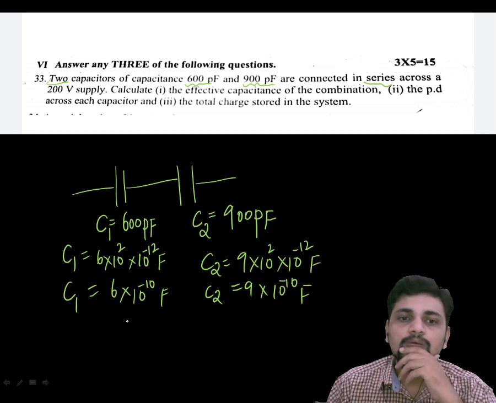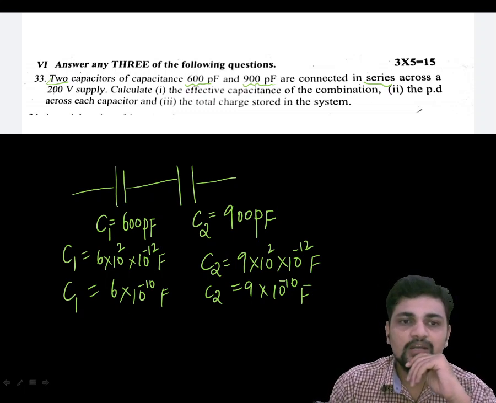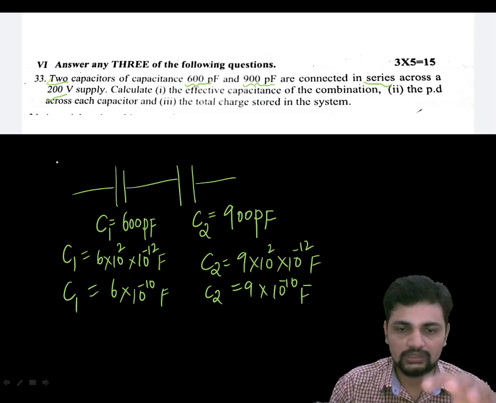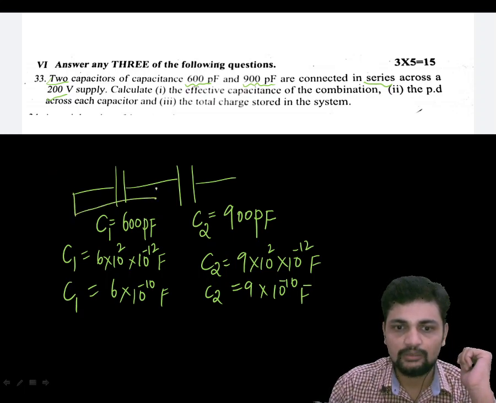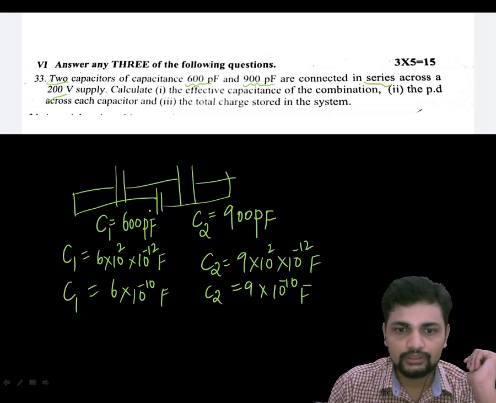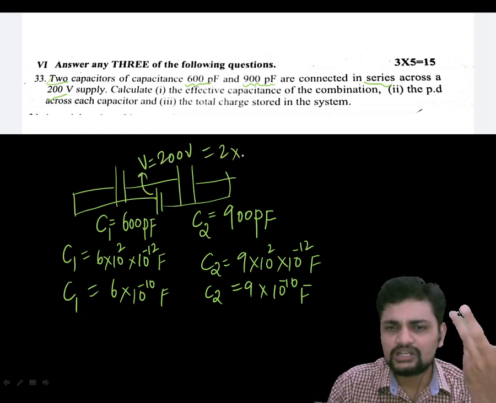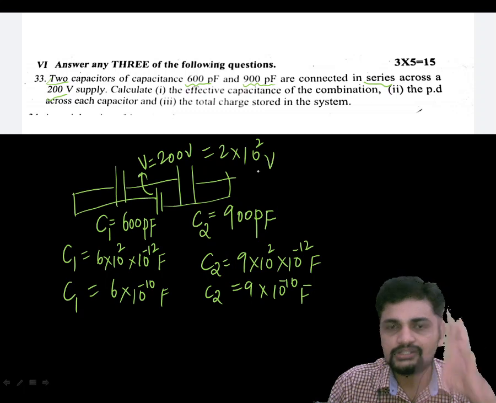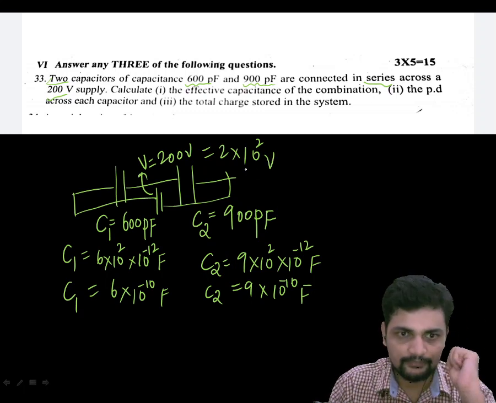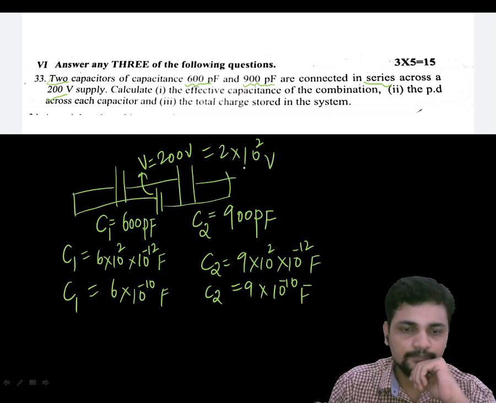Now they are connected across a 200 volt supply. So these capacitors are connected across a battery whose potential is given as 200 volt. So the value of V is given as 200 volt. If you convert the majority of the numbers to 10 powers, your further calculations will be easy. So this is the overall given data.